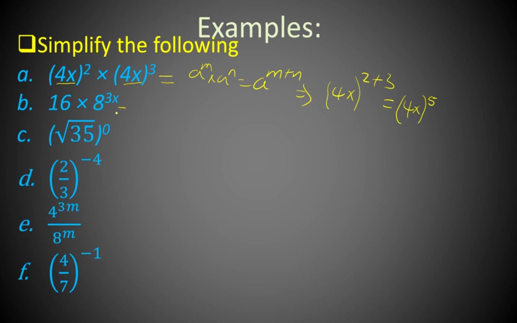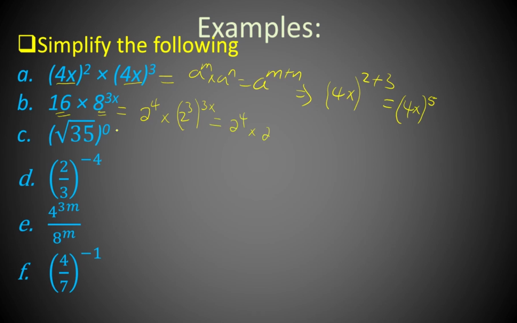To simplify these statements, the number 16 and the number 8 are not the same base, so we can reduce those two bases into a single base in order to simplify. This means 16 is 2 to the power of 4, times 8, which is 2 cube, the whole to the power of 3x.